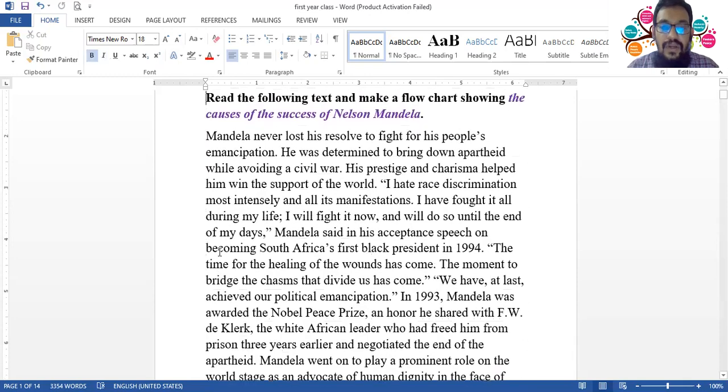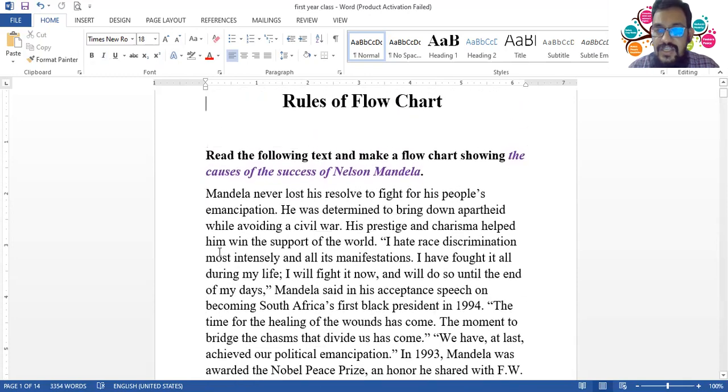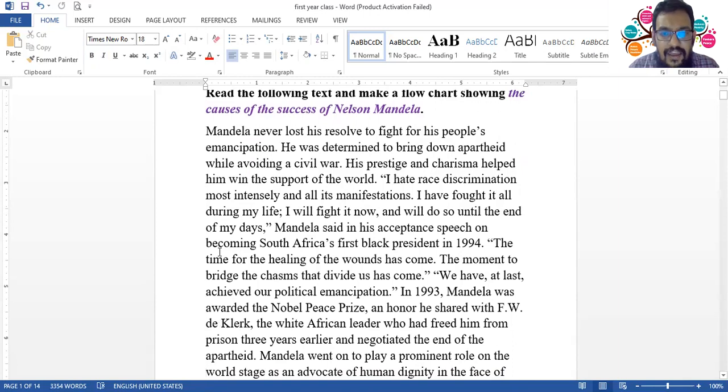Okay, so what is our duty? After reading the instruction, we'll have to draw the boxes in the scripts. Then we'll have to read the passage. So our target is the cause of Mandela's success. Mandela never lost his resolve to fight for people's emancipation.